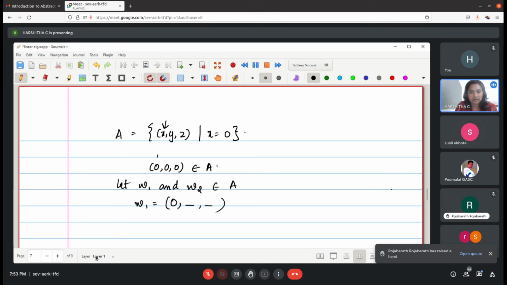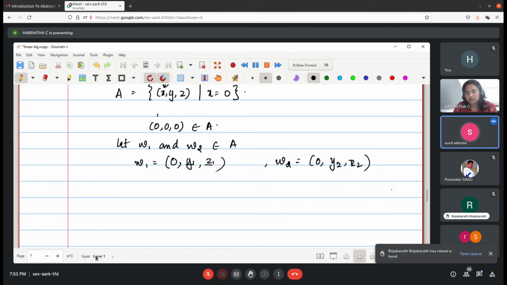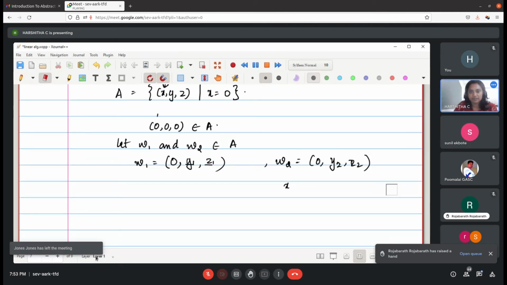So let's call it 0, Y1, Z1. And how will W2 look like? First coordinate is 0 and then you have Y2, Z2.